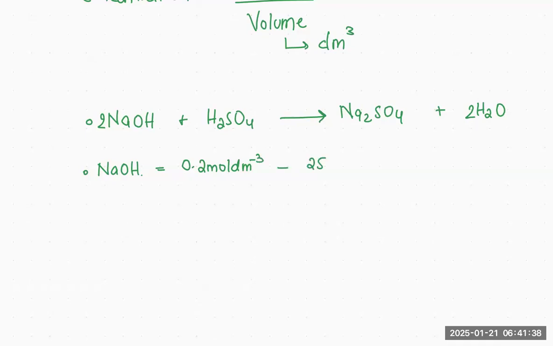We perform the titration, and let's say 12.5 centimeter cube of the acid was used up. 12.5 centimeter cube of acid was used when we performed the titration. I will explain the neutralization point, the end point, and the process of titration again when we do acids and bases.